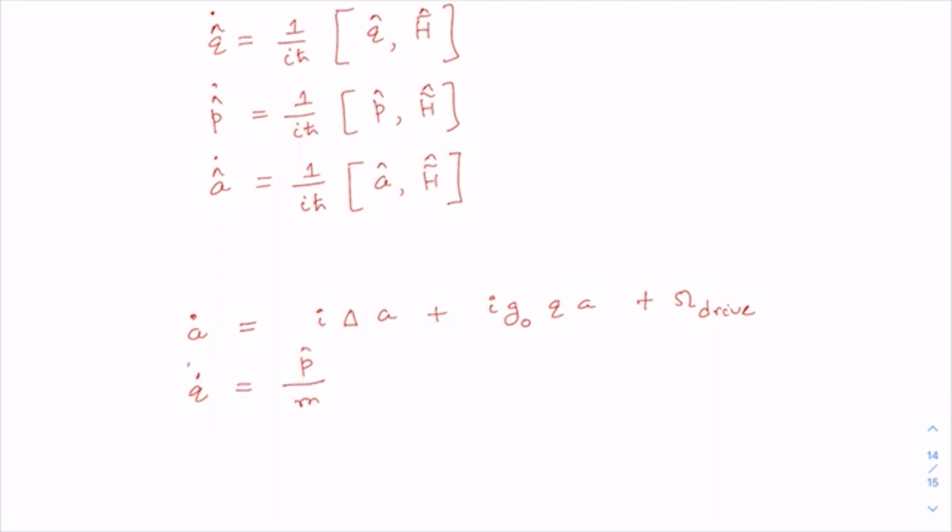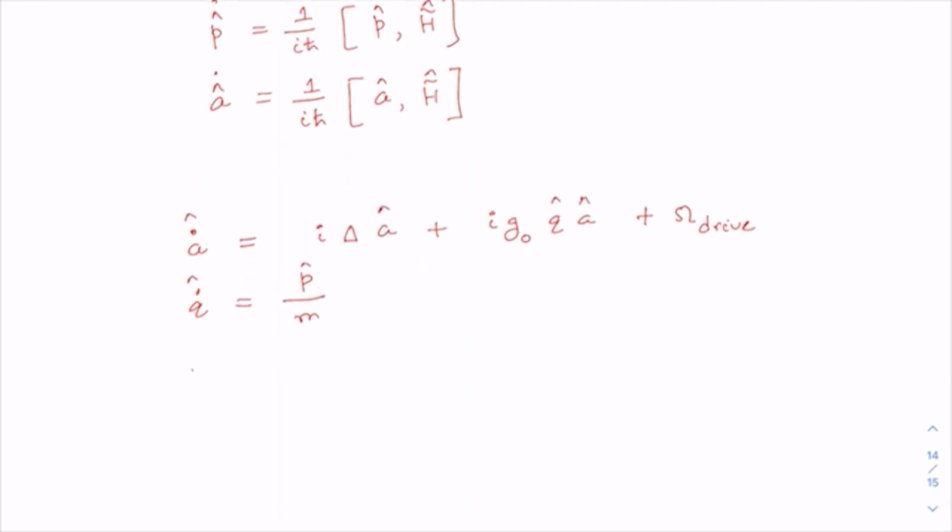All of them are operators. And then we have p dot is equal to minus m omega m square q plus h cross z0 a dagger a.